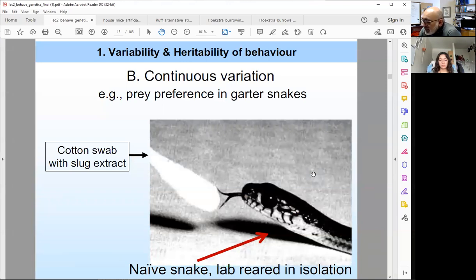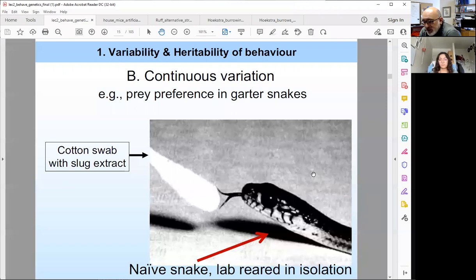You can do what is essentially called a common garden experiment. You can take snakes, I can't remember if garter snakes are live bearing or they lay eggs. I think they lay eggs, but maybe I'm wrong. Anyway, you take snakes that are either recently hatched or recently born, you bring them into the lab, and you rear them in isolation from other snakes and from the prey that you're interested in.